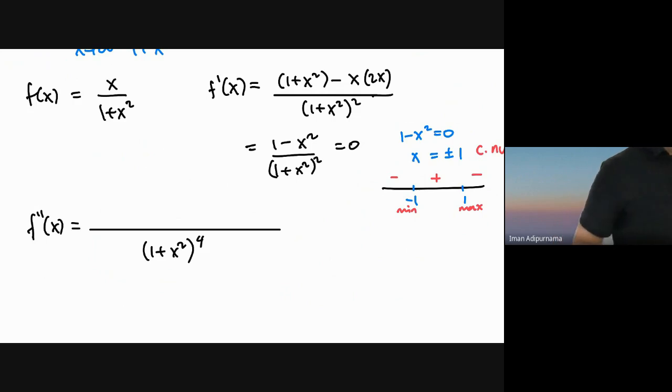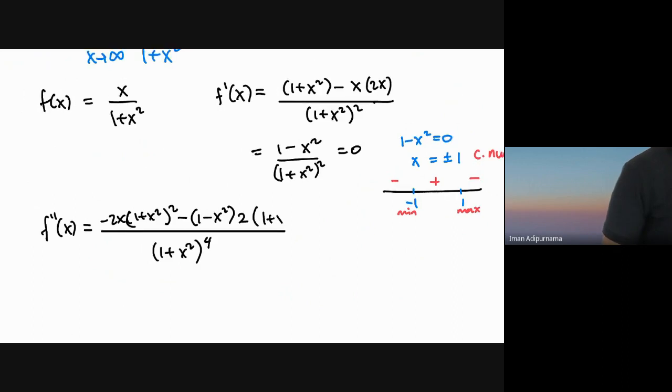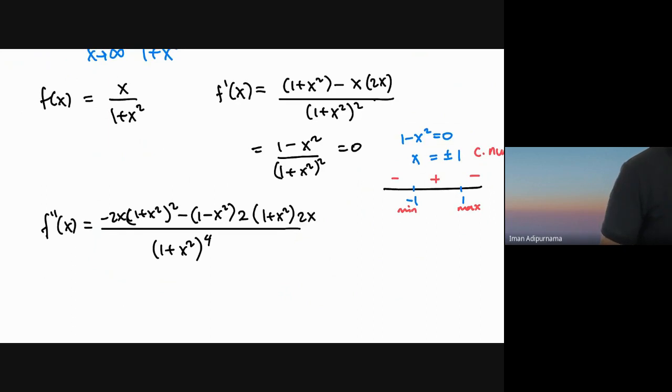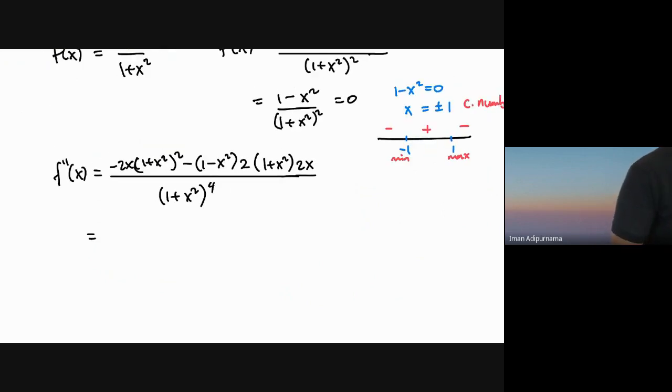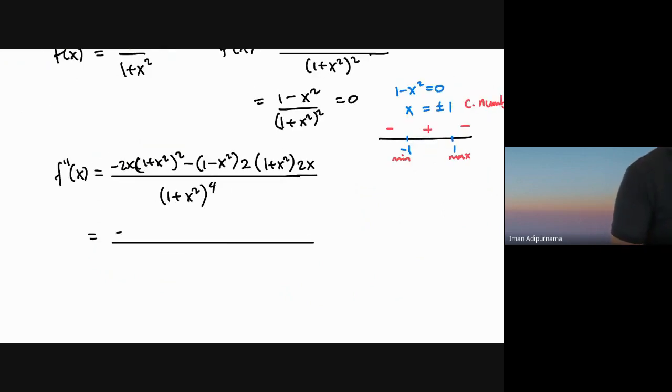And then negative 2x, 1 plus x squared, and minus 1 minus x squared, and then 2, 1 plus x squared, 2x, right? So this will be, let me just write one by one first.